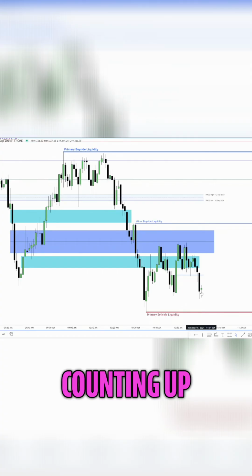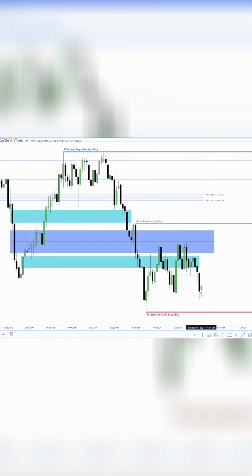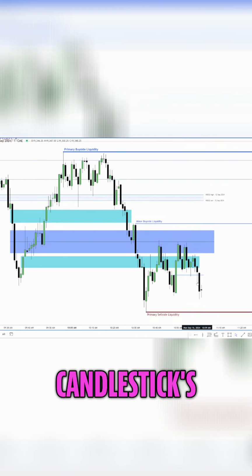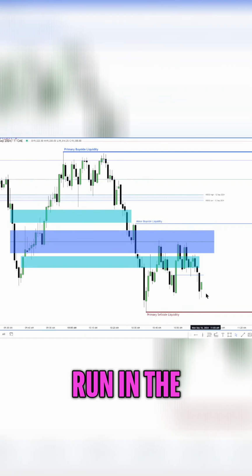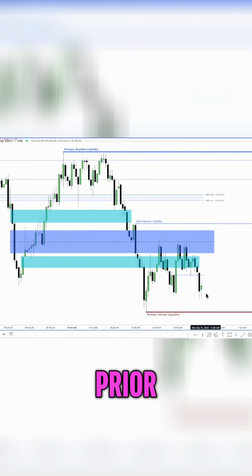It might not end up becoming an immediate rebalance. Immediate rebalance is coming right back to this candlestick's low. If it touches that, then the very next candle or that candle, usually we'll see it run in the same direction it was moving prior.